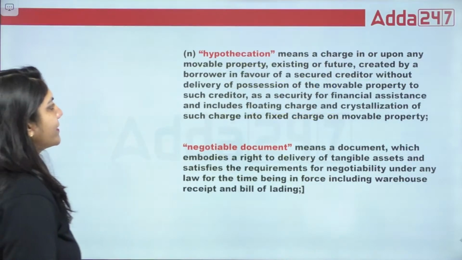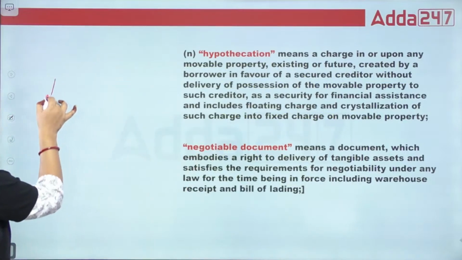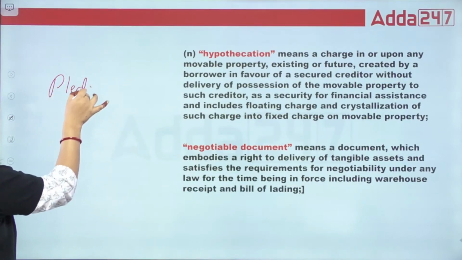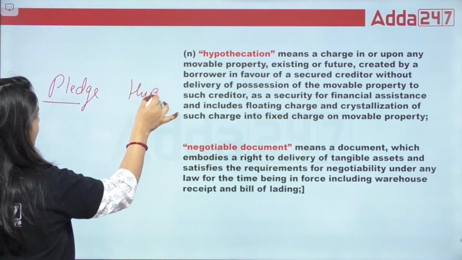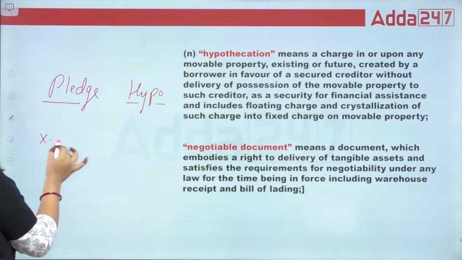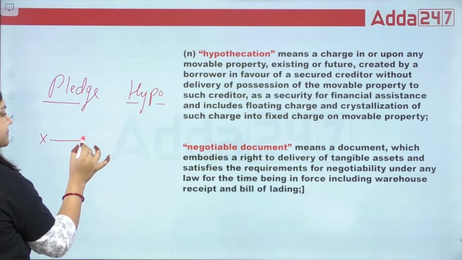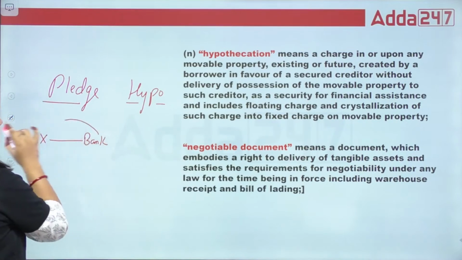Next, what is hypothecation? That is too easy. Many students get confused between the definitions of pledge and hypothecation. So what is the exact difference? In a pledge, X person is there, and this is the bank.